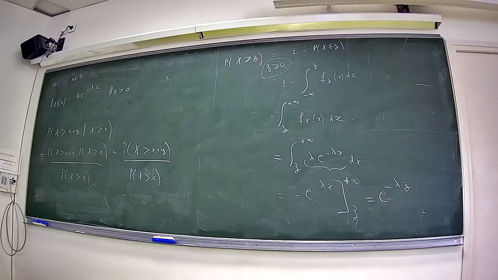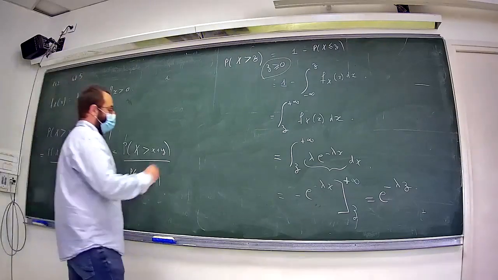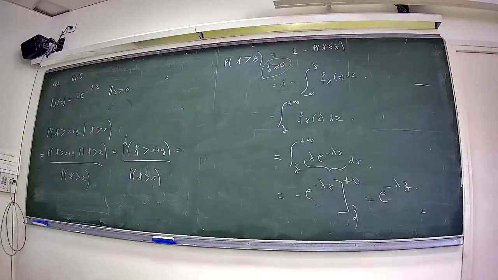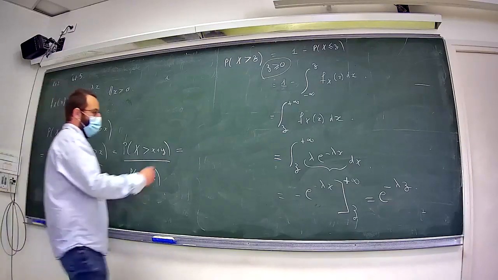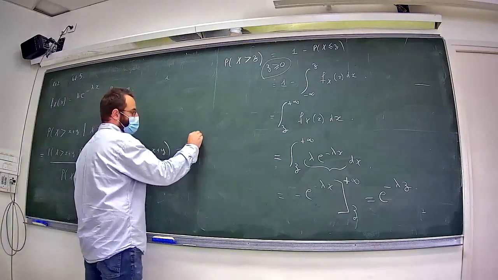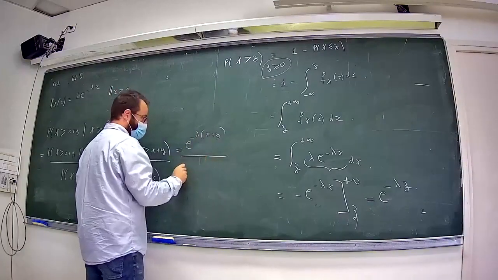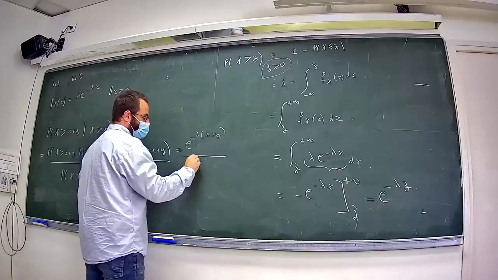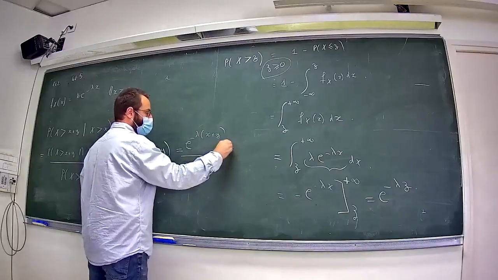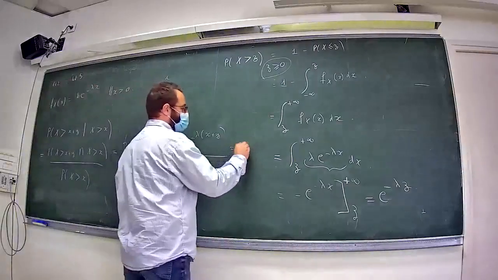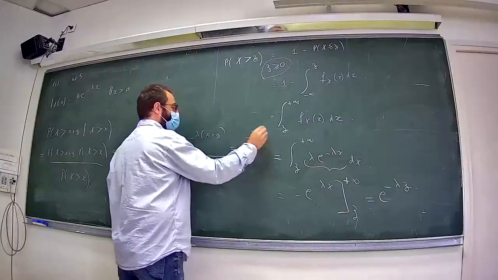So I can plug in now what I have obtained. The probability that X is strictly greater than x plus y over the probability that X is greater than x. I do the job: exponential minus lambda (x plus y) over the exponential minus lambda x. I have simplification. That is just exponential minus lambda y.